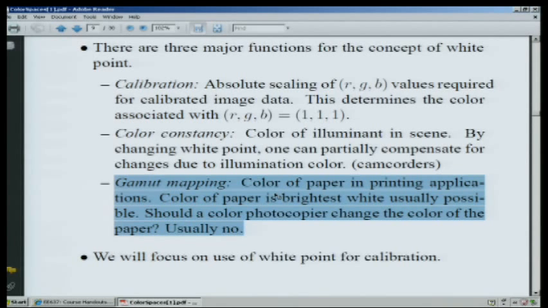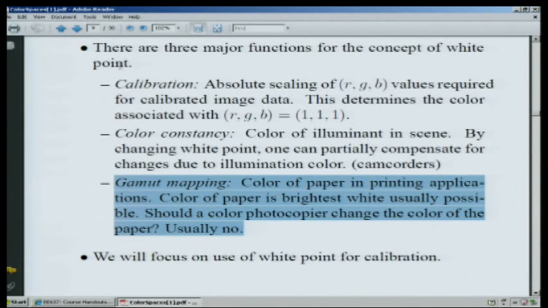The problem is that the gamut of the actual source data is different from the gamut of colors available to the output of the printer, because the printer's gamut is limited by the color of the paper. So gamut mapping is a very important aspect of white point. We will ignore that too, because it's also beyond the scope of this course. Perhaps not as far beyond, but also beyond.